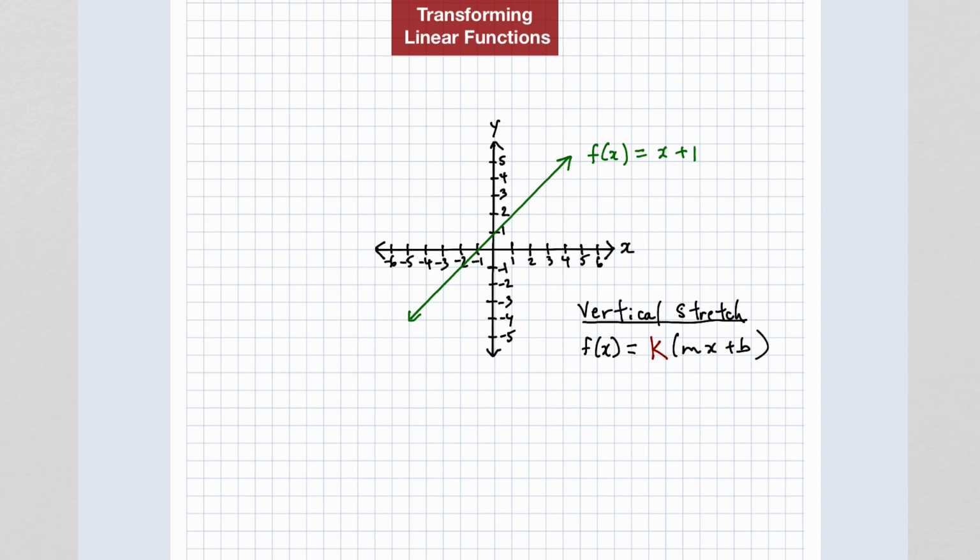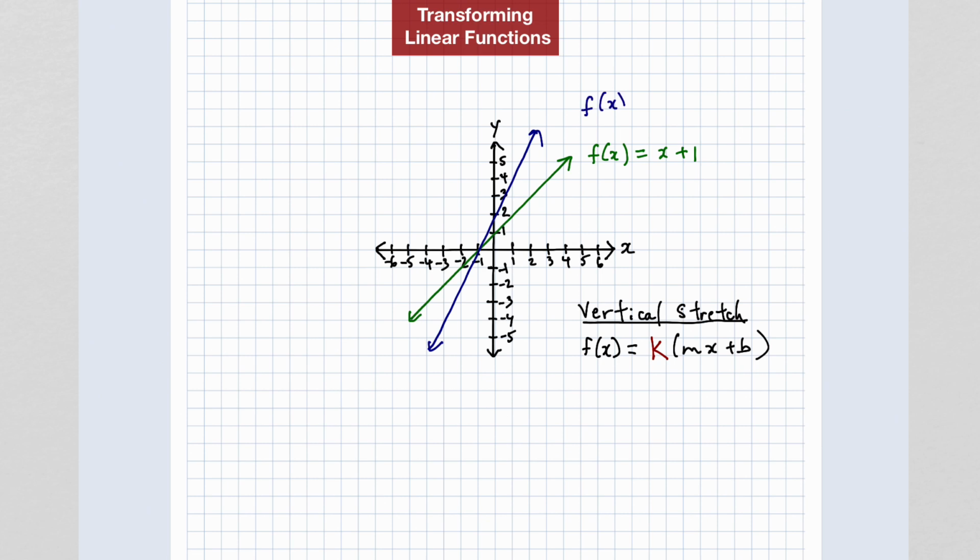So if we have the following graph, the blue line would have the following equation. And so we're going to go ahead and type in all of the same information as the green line, or the green function. Let me rename this as g of x.